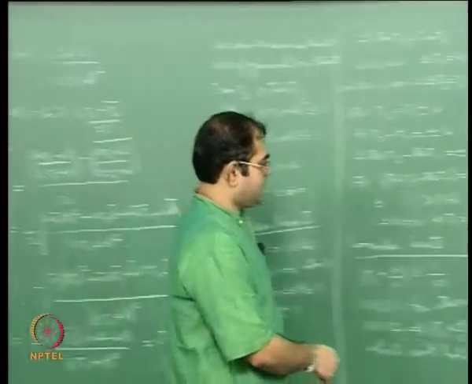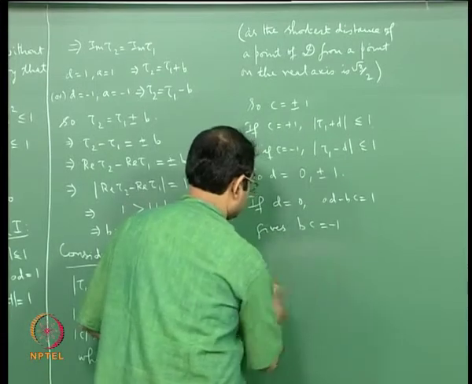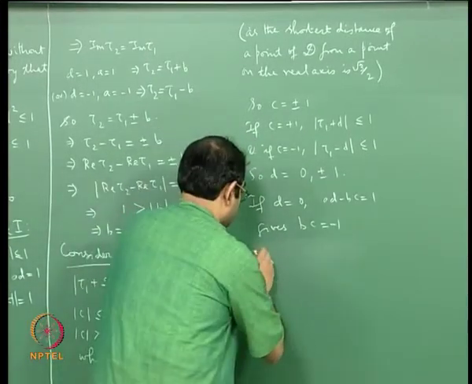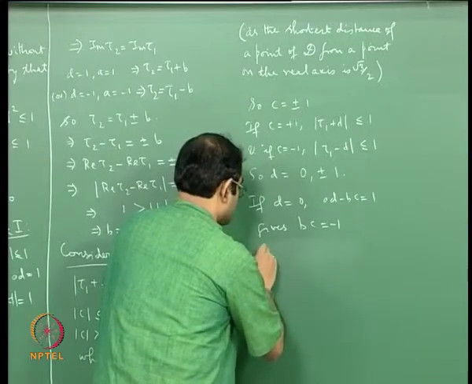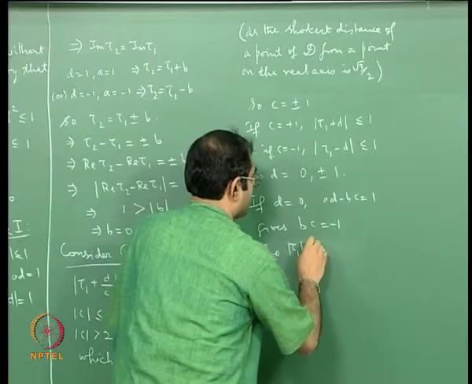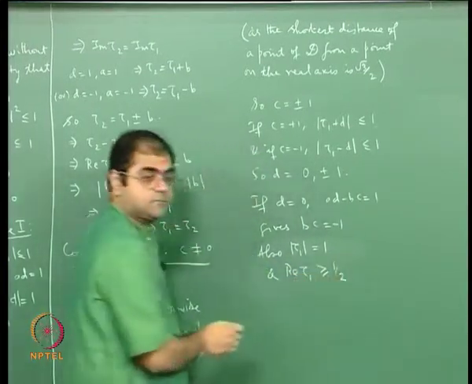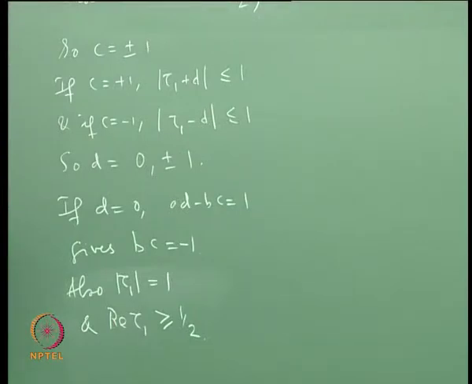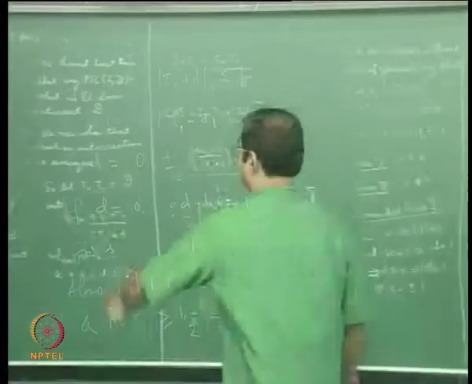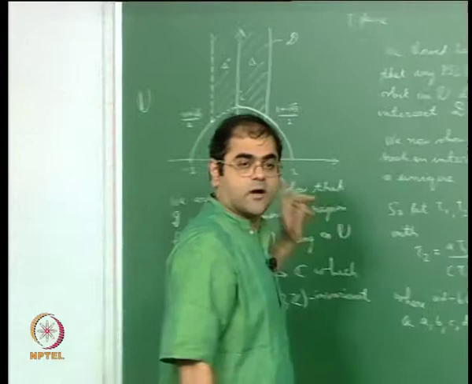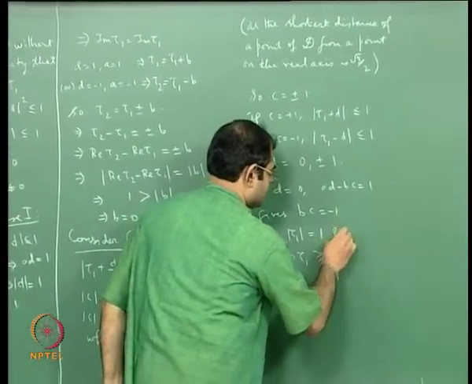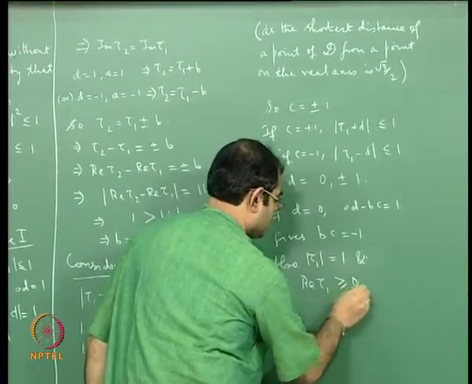So I should say here, even before I write this, that mod tau 1 has to be 1, and the real part of tau 1 is greater than or equal to 0 and less than or equal to half.